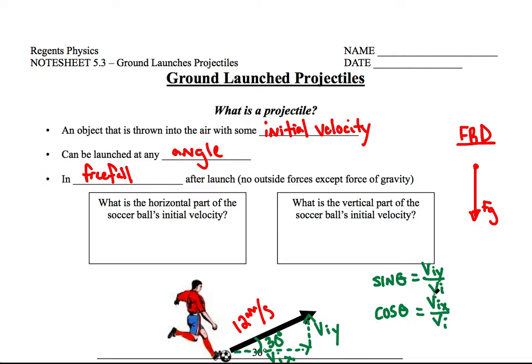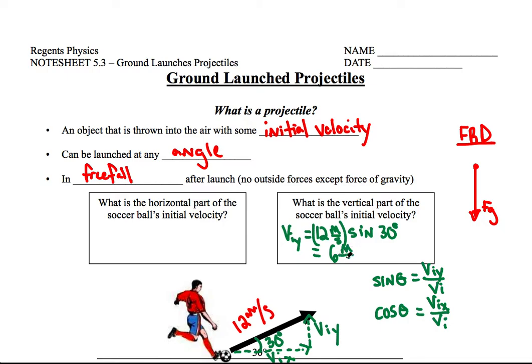So notice that for both of these, to figure out the initial velocity in the vertical and the horizontal, I'm just taking the initial velocity and multiplying it by either the cosine of the angle or the sine of the angle. So for the vertical part, Vi in the y is my 12 meters per second times the sine of 30 degrees. And if you remember from your math class, sine of 30 is a half, and half of 12 is 6.